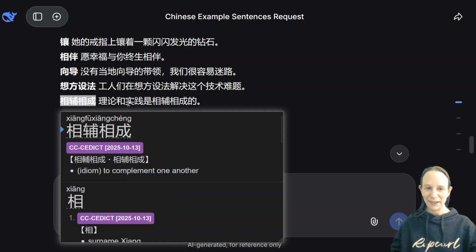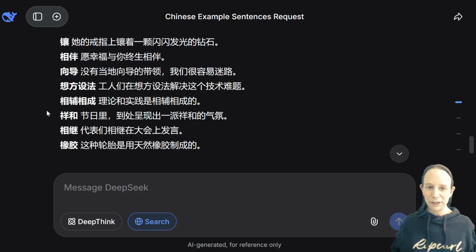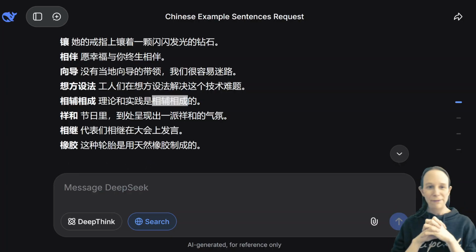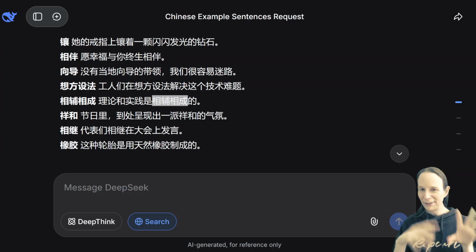Complement one another. Okay. 理论和实践是相辅相成的. Theory and practice benefit each other. If you excessively do theory or excessively do practice, you end up neglecting something.